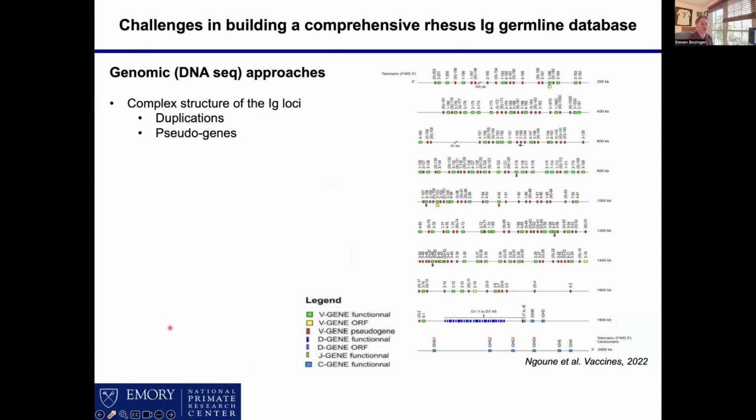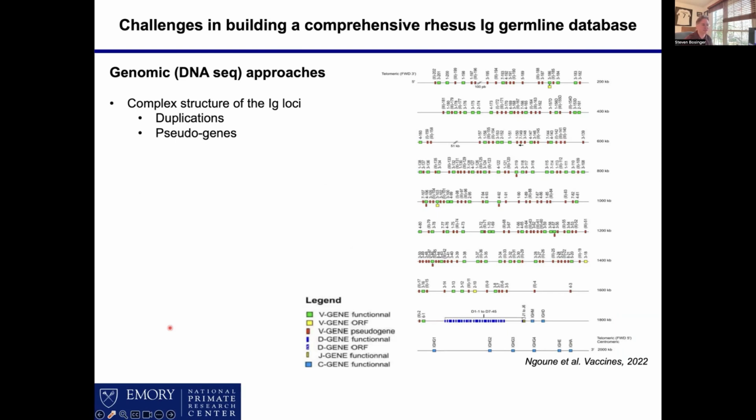So what are some of the challenges if you were trying to take on this endeavor and build a comprehensive resource of monkey immunoglobulin alleles? You can approach this technically in two different ways. One is by sequencing the genome, typically with long-read sequencing. This is challenging, of course, because of the complex structure of the IG loci.